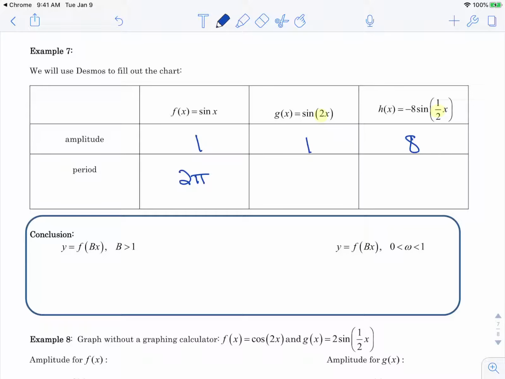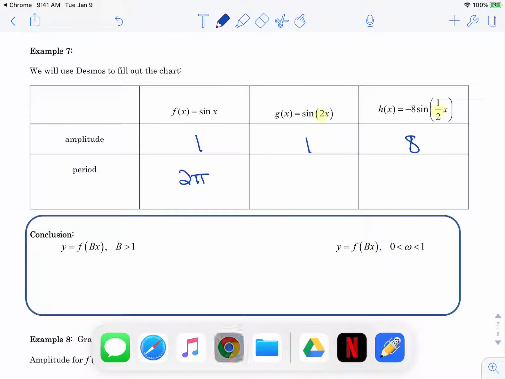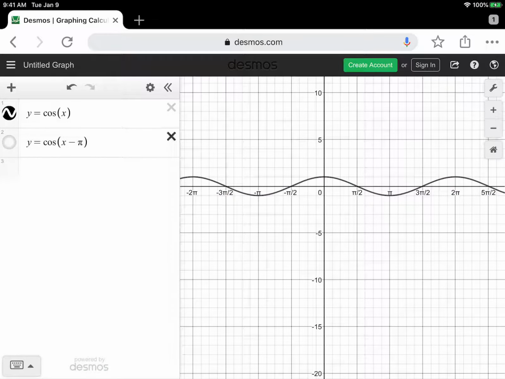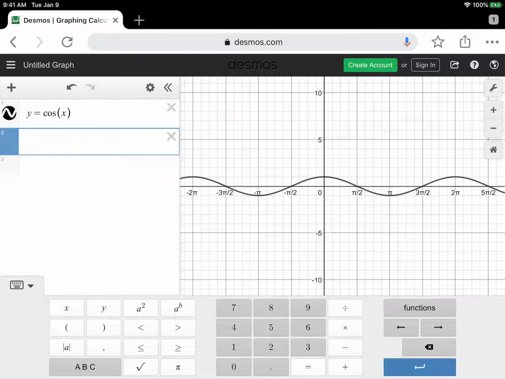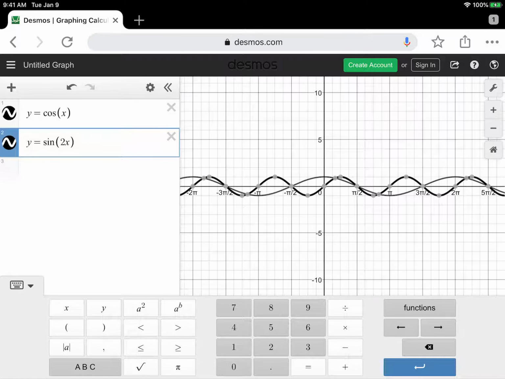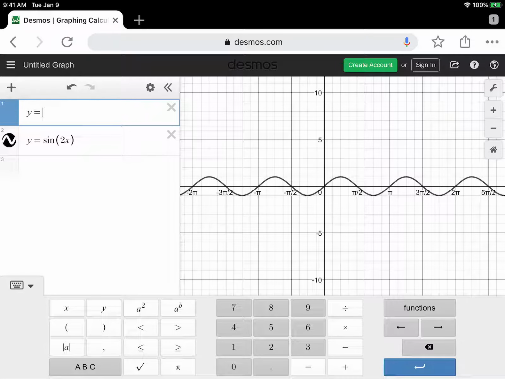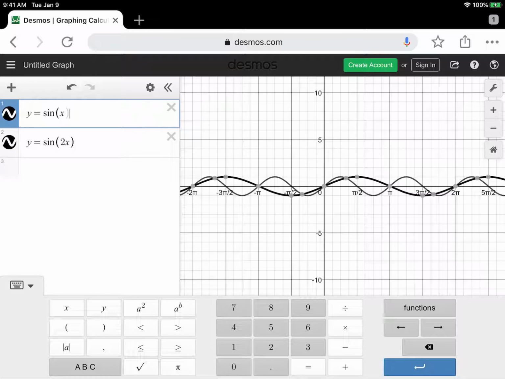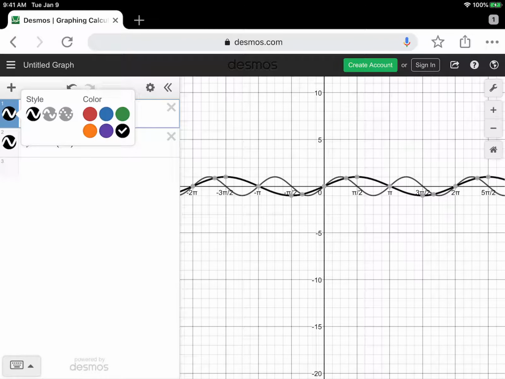I'm not sure about the others, so I'm going to go to Desmos. I'm going to get rid of these. It looks like I had y equals sine of 2x. Let me change this one to sine. All right, let's just focus on those two.